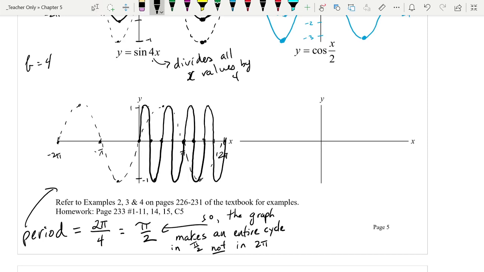So let's see. There is pi by 2. I have to have a complete crest and trough done by then. So that means I have to have a 0 there and a 0 here, which means I go down and back, up and back.